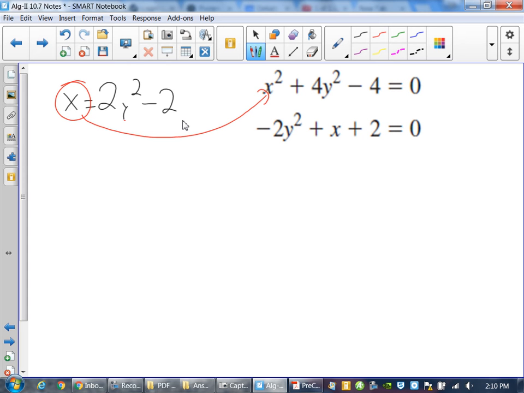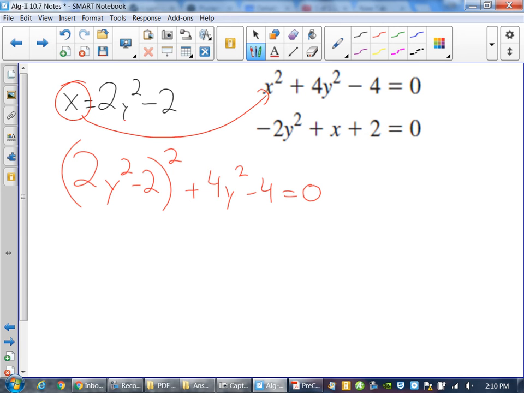So it's going to be y squared and whatnot, but we can work through it without too much of a hassle. So in substituting this in, remember, you now have 2y squared minus 2 quantity squared plus 4y squared minus 4 is 0.